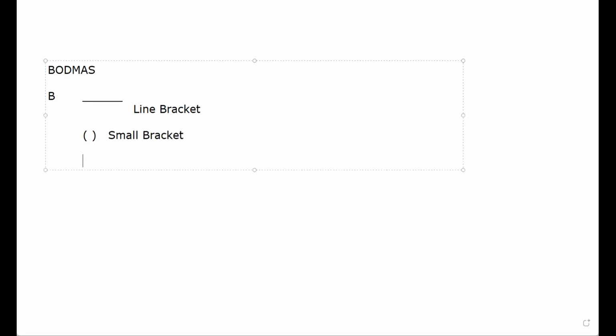Next is the curly bracket. Last but not least is the square bracket.